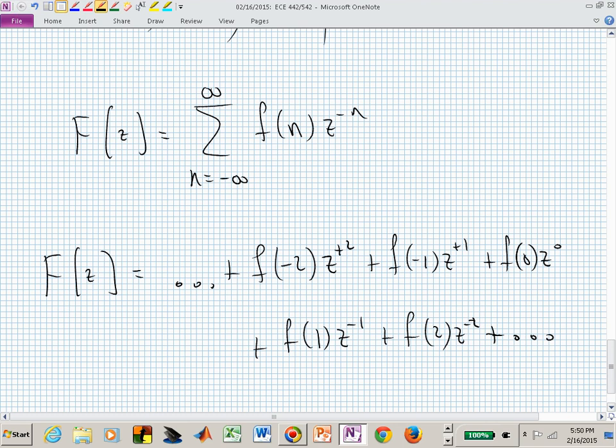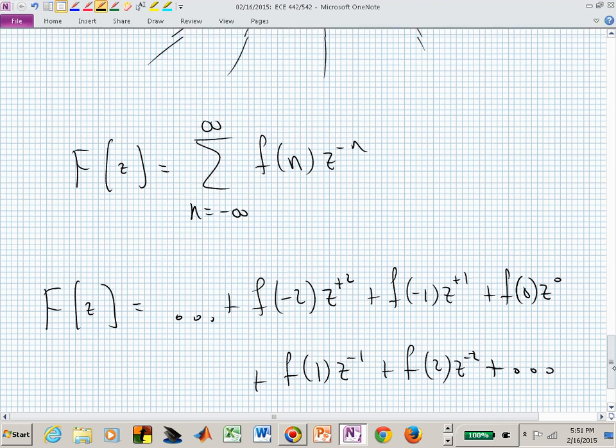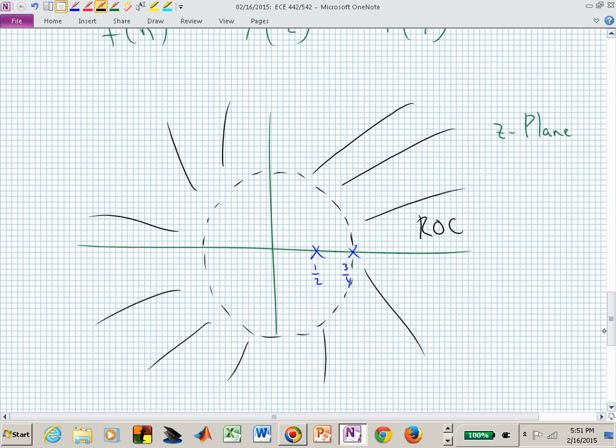If we look at the region of convergence again, what might be a convenient value to select for z to plug back into those terms to see which of these terms need to be there or not there in this case? Hint, hint.